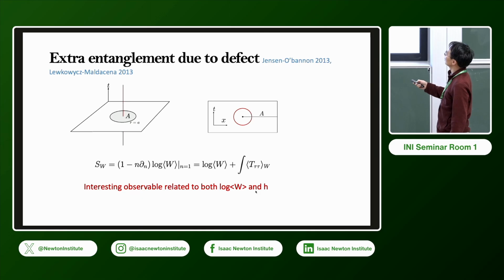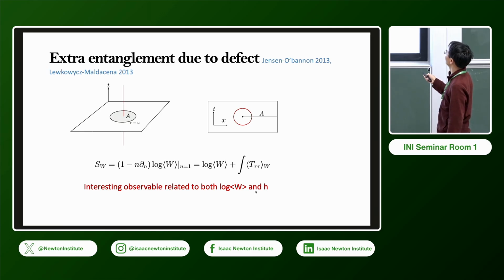So what we do is we want to count the entanglement between subregion A and A bar, and we compute the entanglement entropy. That's the usual story to evaluate entanglement entropy. Now we want to do the calculation with this defect insertion. After a conformal transformation, this will become this one.